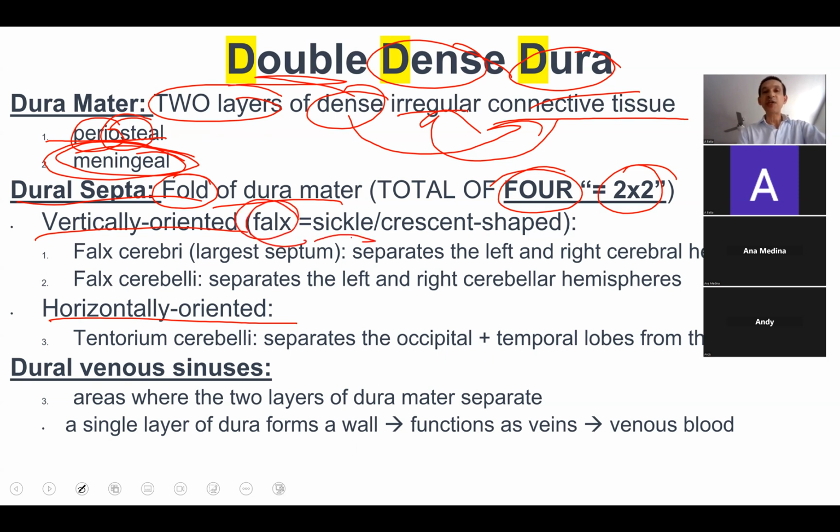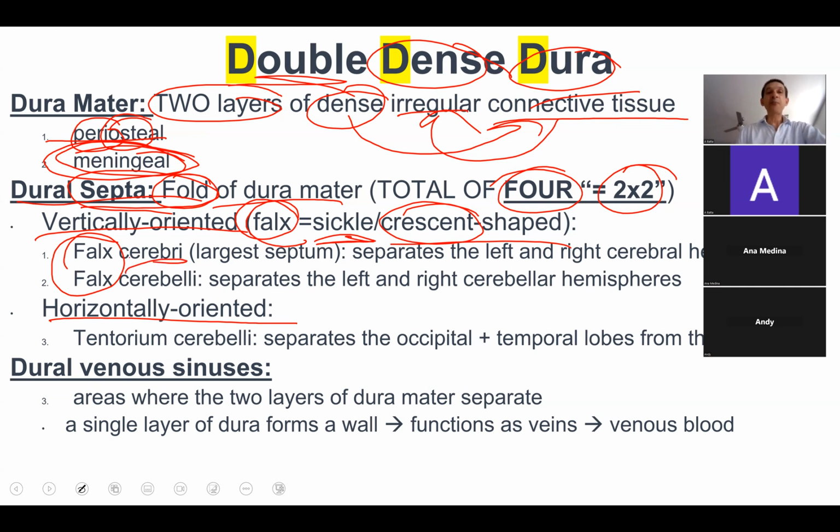Falx means sickle. Modern day sickle would be your crescent shape, okay? Because hardly anyone knows what a sickle is unless you've worked on a farm. So both of those vertically oriented dural septae, we call them septae for fold, a Greek word for a separation, have falx in their name.